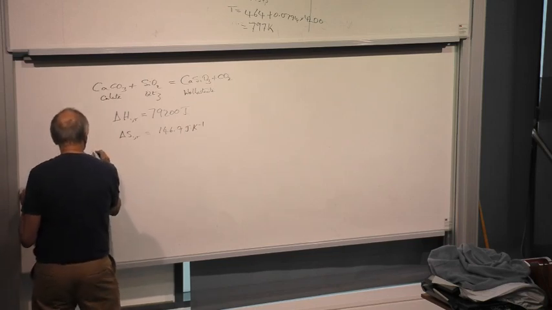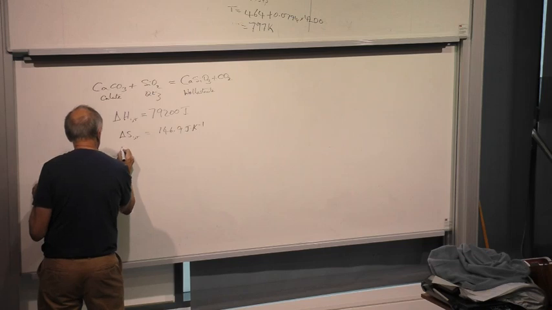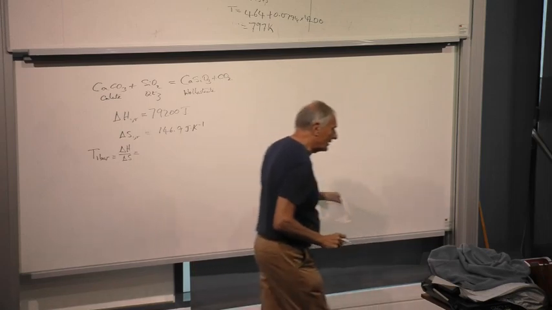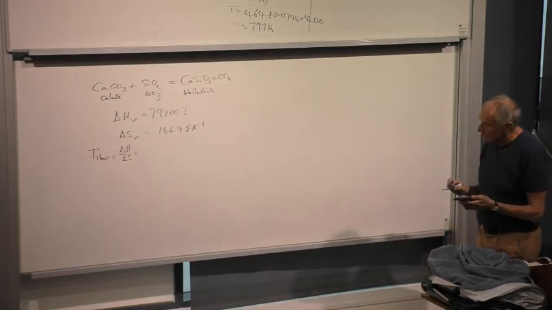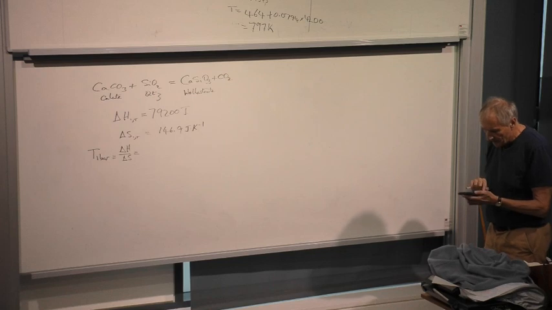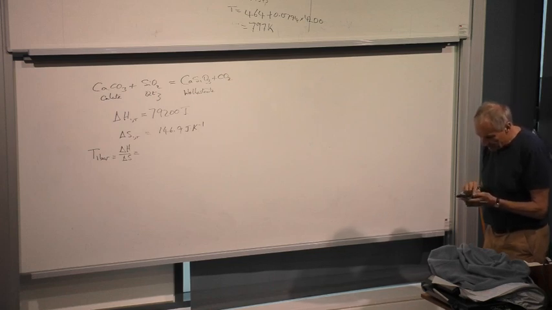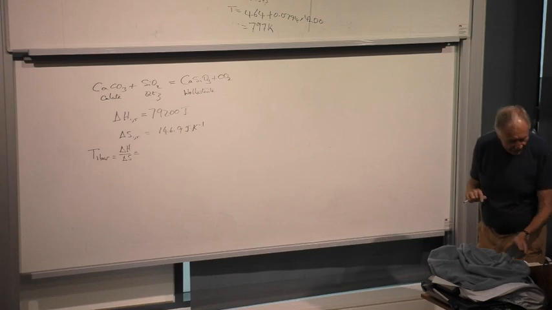So T at 1 bar is delta H over delta S, which is 79,200 divide 146.9, 539 degrees K.